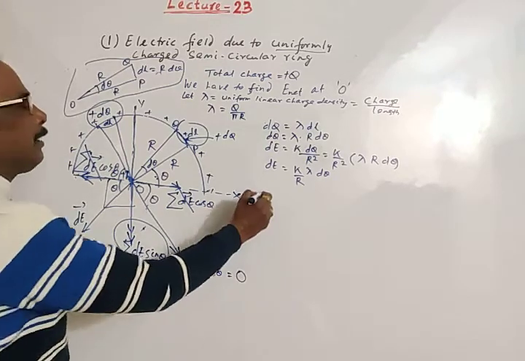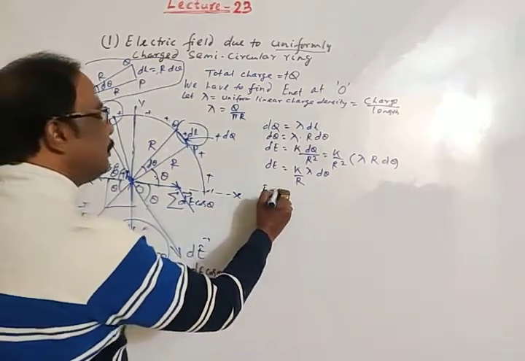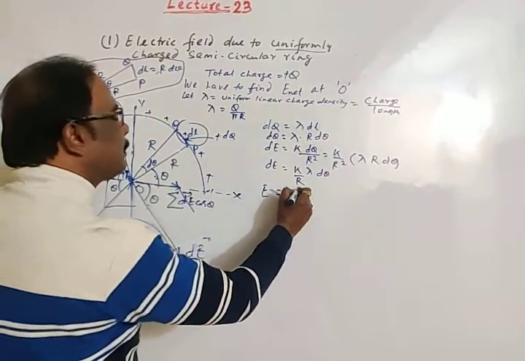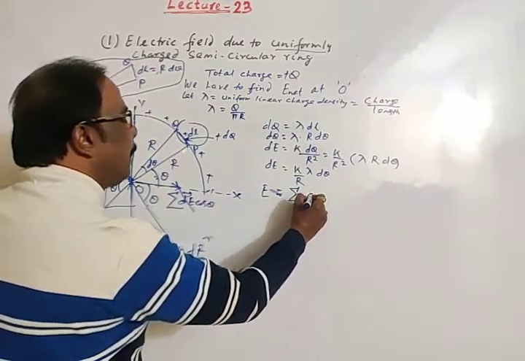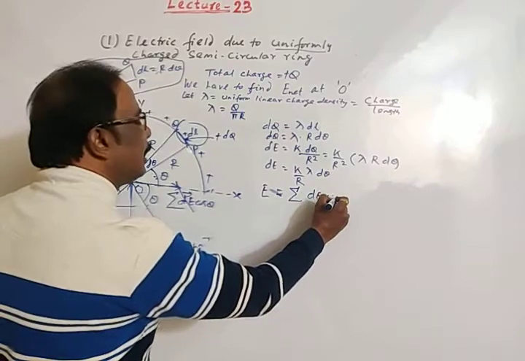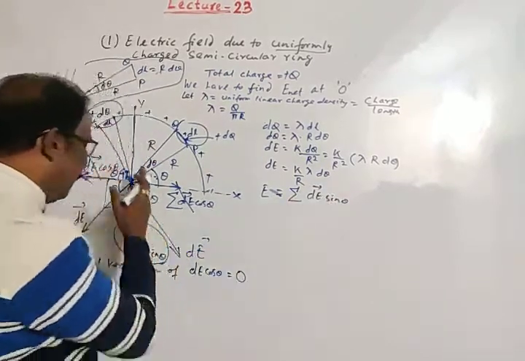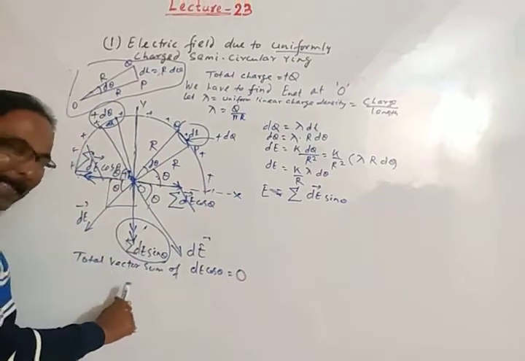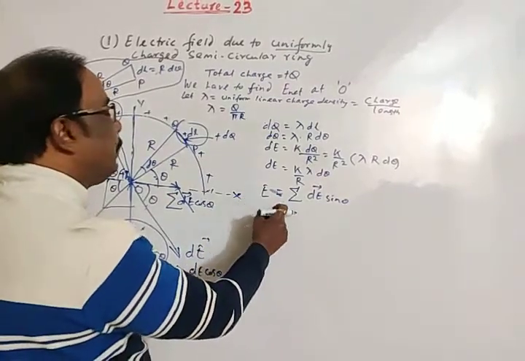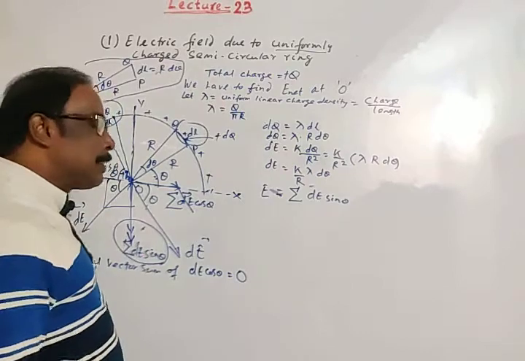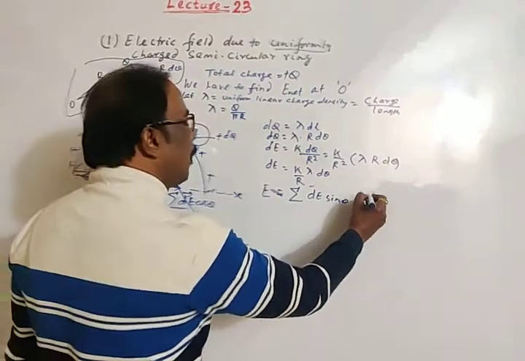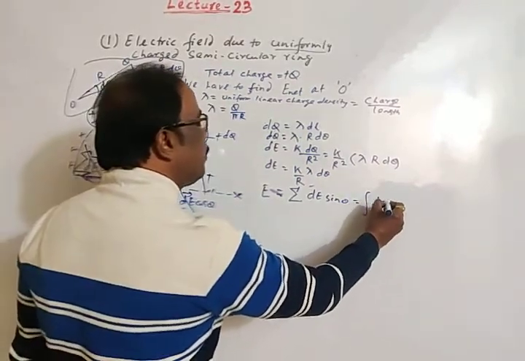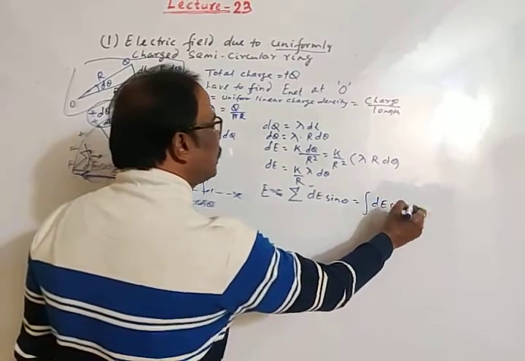So resultant electric field is sum of dE sin theta. But all these dE sin theta are along y-axis, so magnitude of electric field intensity is sum of dE sin theta, or we may write integration of dE sin theta.